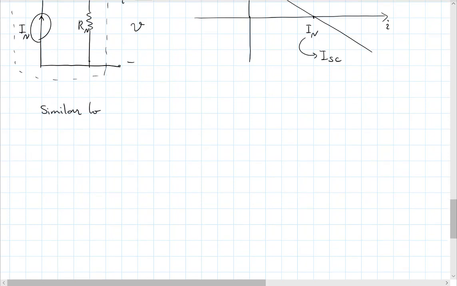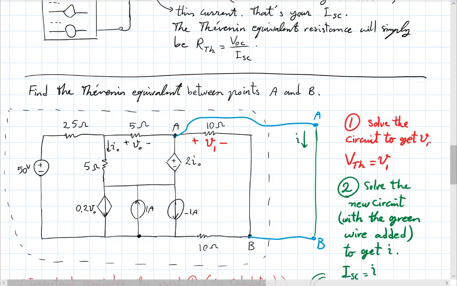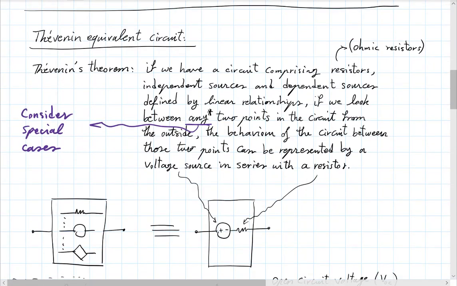Similar to the Thevenin theorem and equivalent, and I don't want to write the whole description here, but if we have a circuit comprising linear, ohmic resistors, independent sources and dependent sources defined by linear relationships, if we look between any 2 points, again with the caveats we discussed, from the outside, the behavior of the circuit between those 2 points can be represented by a current source in series with a resistor.